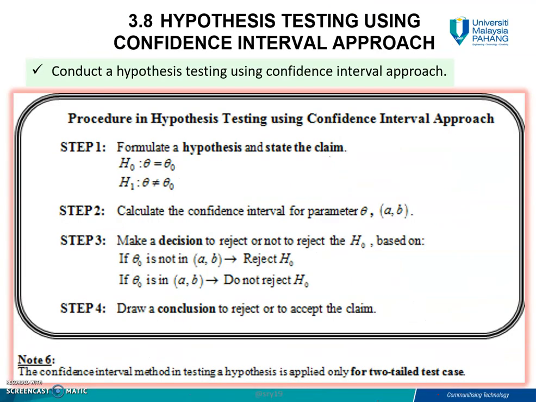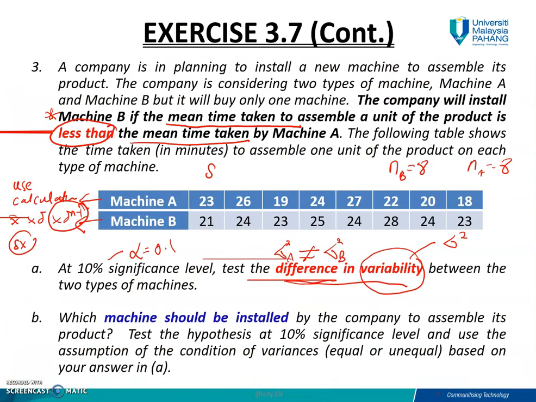Now if you look at question B, this one I will not discuss fully, but just give you some idea how to do it, because this one is in a different topic, in a previous topic, but it can be combined like this. Which machine should be installed by the company to assemble its product?